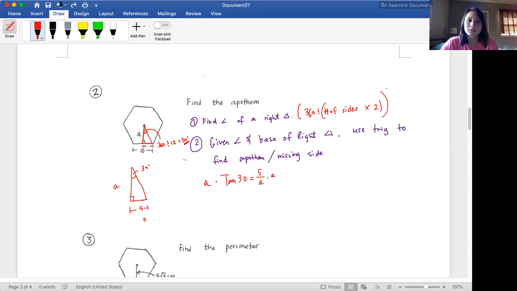So A equals 5 divided by the tangent of 30. Plug that in, and it's about 8.66, so about 8.7.